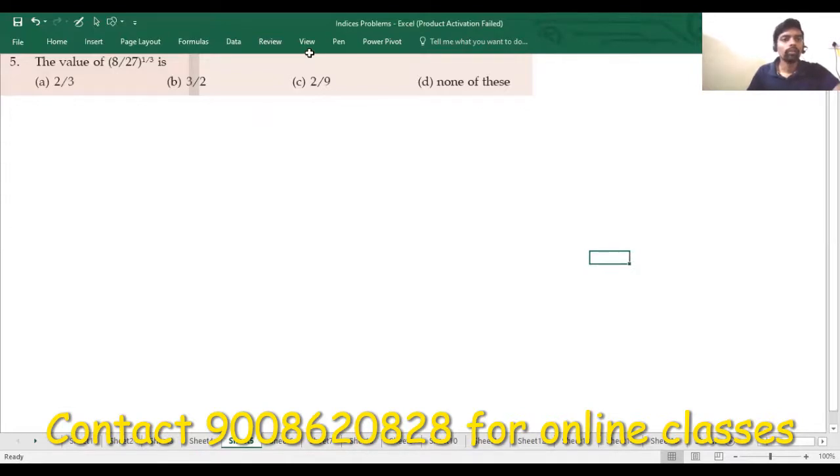The value of 8 divided by 27 whole to the power 1 by 3.